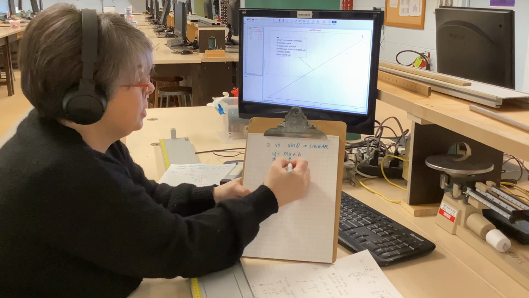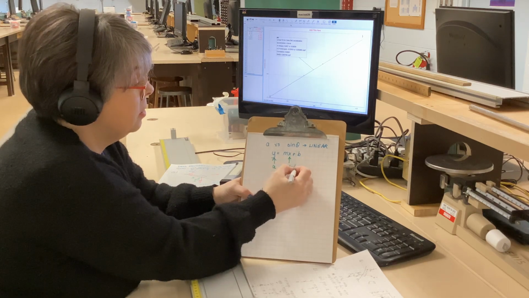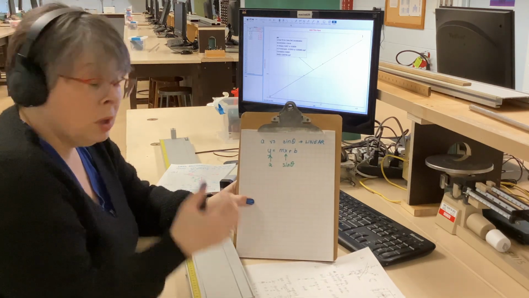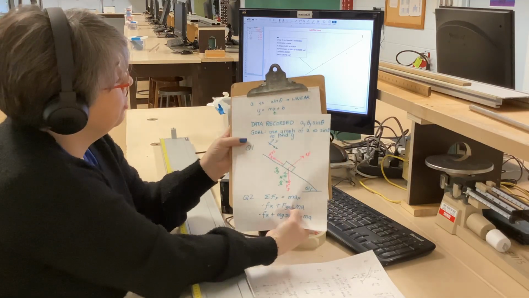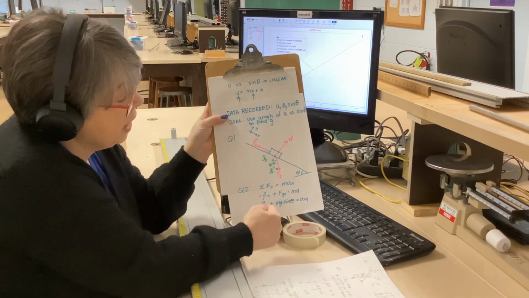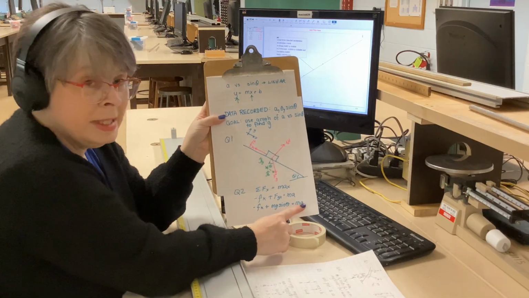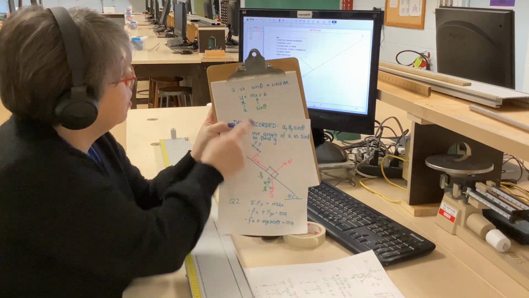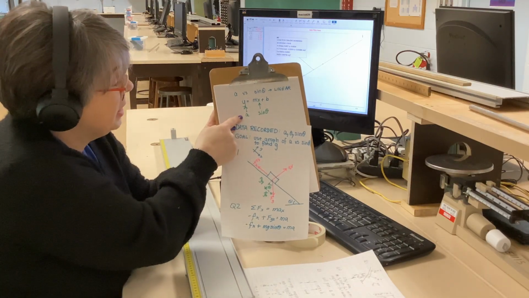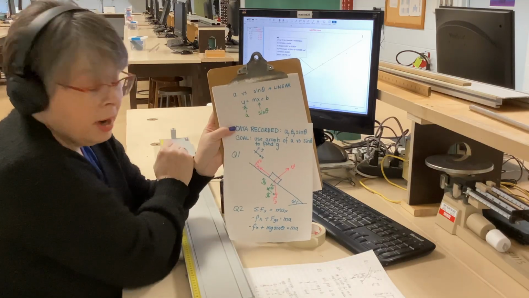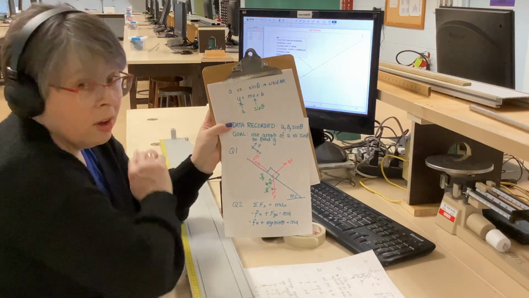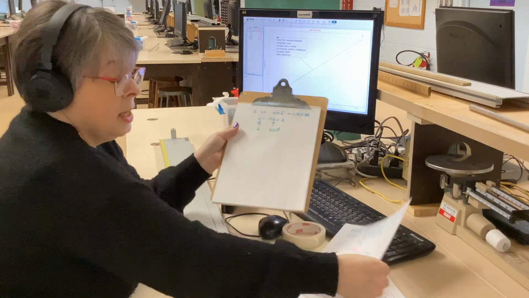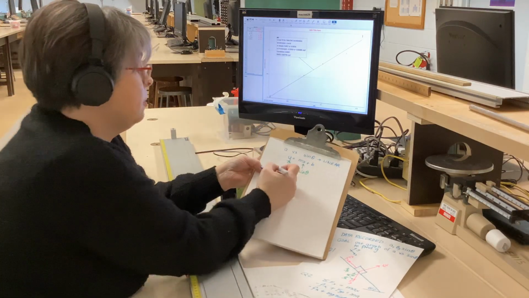On the x-axis, we're going to plot sine theta. So our goal to figure out how to find g is to take our equation from question 2 and rearrange it so that it says a equals, with a on the left by itself and everything else on the right. Let's write down that equation once more.